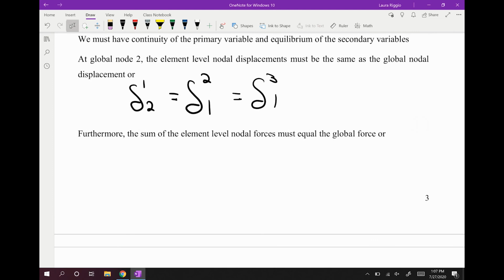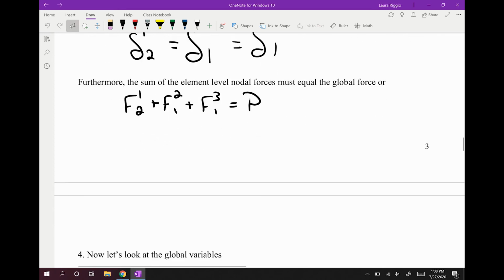So our forces at point 2 are some of our forces, so the force of spring 1 end 2 plus the force from spring 2 end 1 plus the force from spring 3 end 1 has to be equal to our applied load P. This allows us to get rid of four of our 12 unknowns. We're getting closer to being able to solve the problem. The rest are going to come from the boundary conditions of the problem itself.